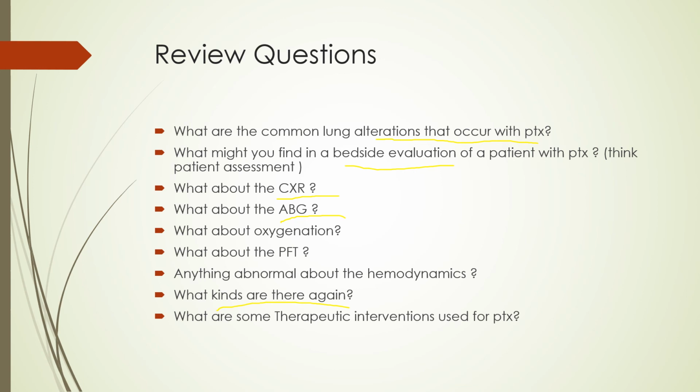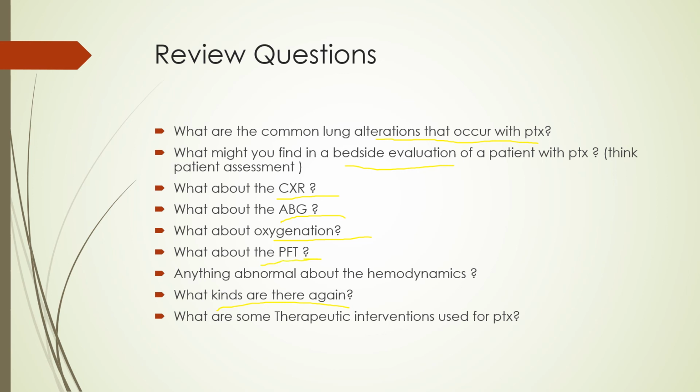What would their ABG look like if it was a very significant pneumothorax? Tell me about their oxygen delivery. Tell me about their VQ match. Is it shunt-like or dead space? Tell me what can happen with their metabolic rate if it's a severe pneumothorax.